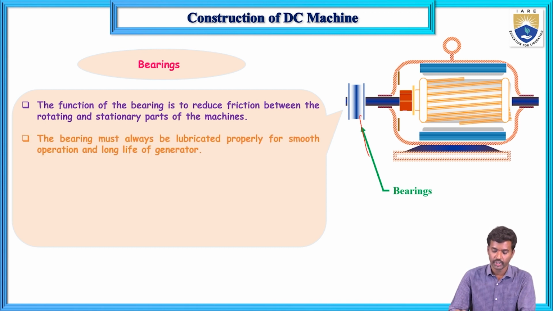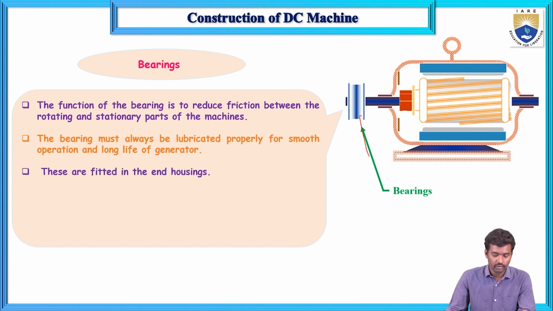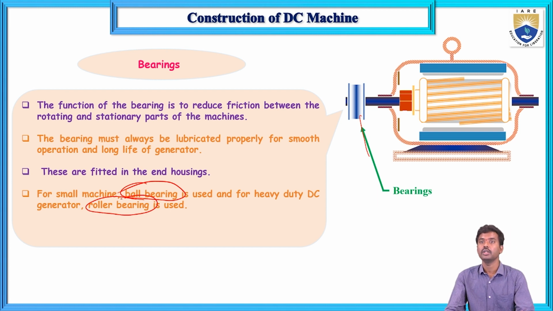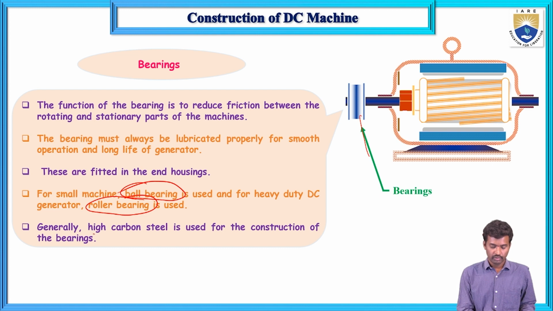Bearings must always be lubricated for smooth operation and longer life of the machine. They are fitted to the end housing. For small machines we use ball bearings, and for larger heavy duty DC machines we use roller bearings. Generally, high-grade carbon steel is used for the construction of bearings.